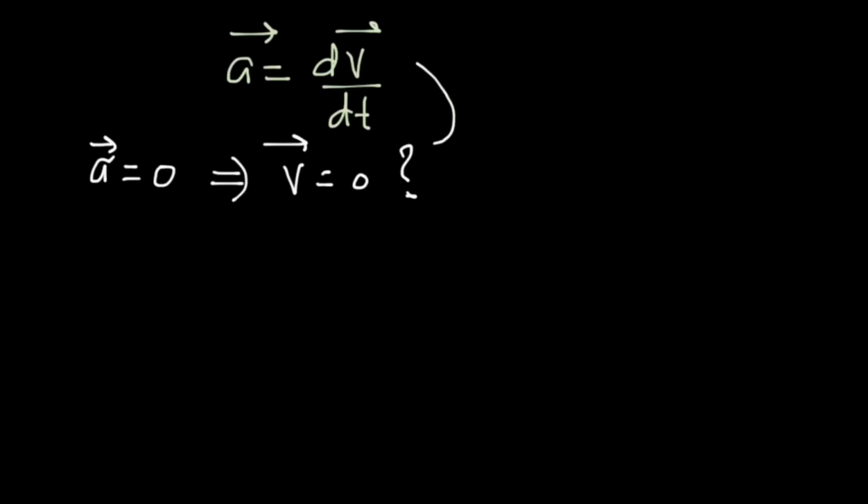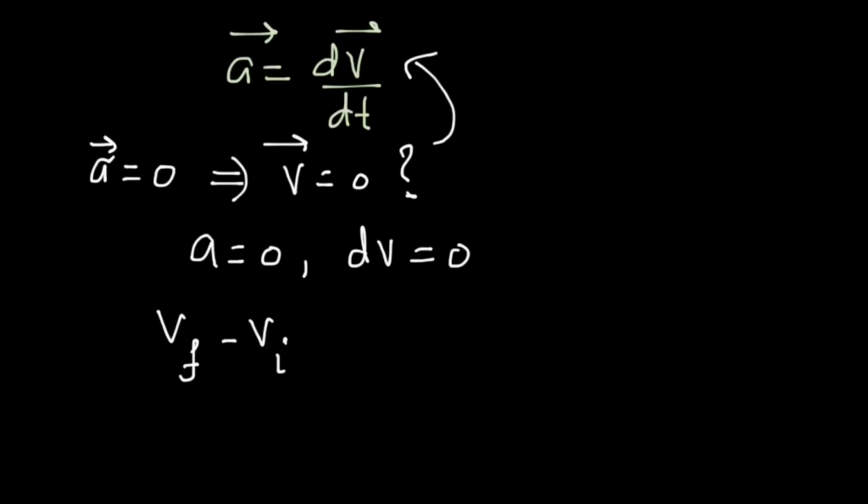So look at the equation, that is the definition of acceleration, and you can say that a equal to 0 means dv equal to 0. Now dv is not velocity, it is the change in velocity, and therefore the final velocity minus the initial velocity will be equal to 0, and that gives us the final velocity will be equal to the initial velocity.